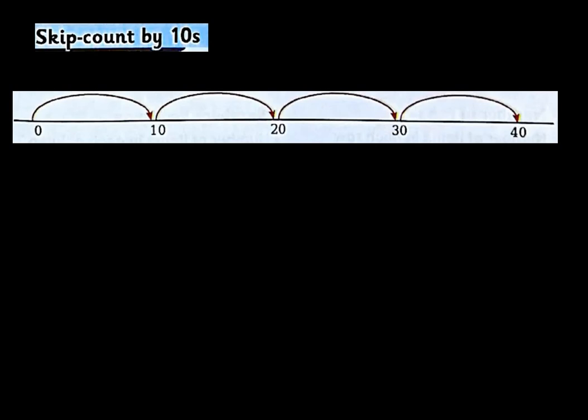Now we'll count skipping tens. This is 0. This one is easy because we just say 10, 20, 30. We count like 1, 2, 3, but we put 0: 0, 10, 20, 30, 40. Now if we start, for example, with 3, we say 13, 23, 33, 43, 53. We just change the tens. The units are the same.